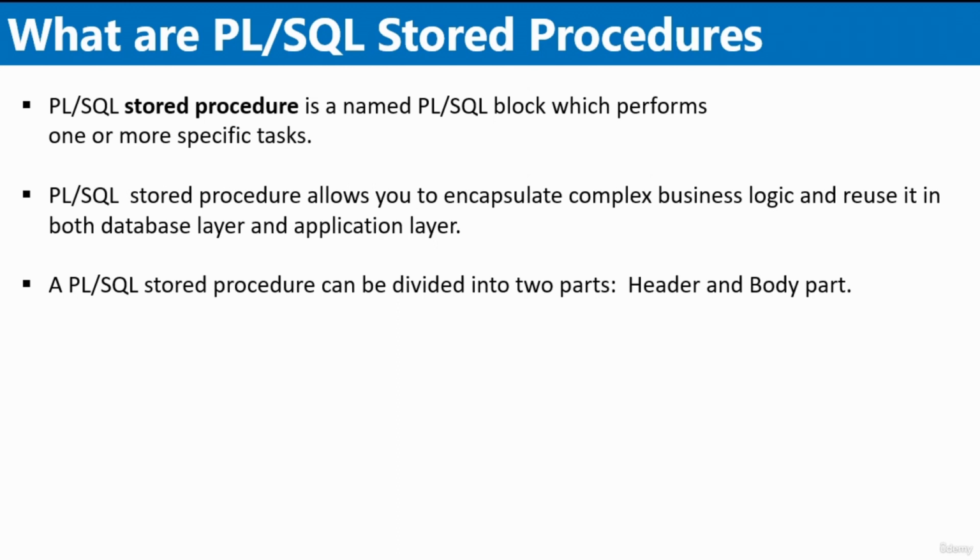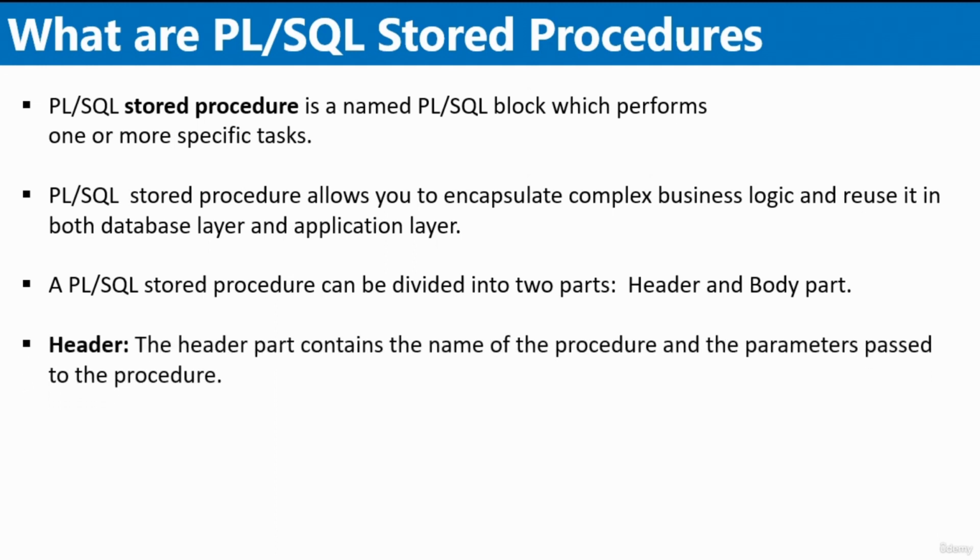The header part contains the name of the procedure and the parameters passed to the procedure. The body part contains the declaration section, the execution section, and the exception section.